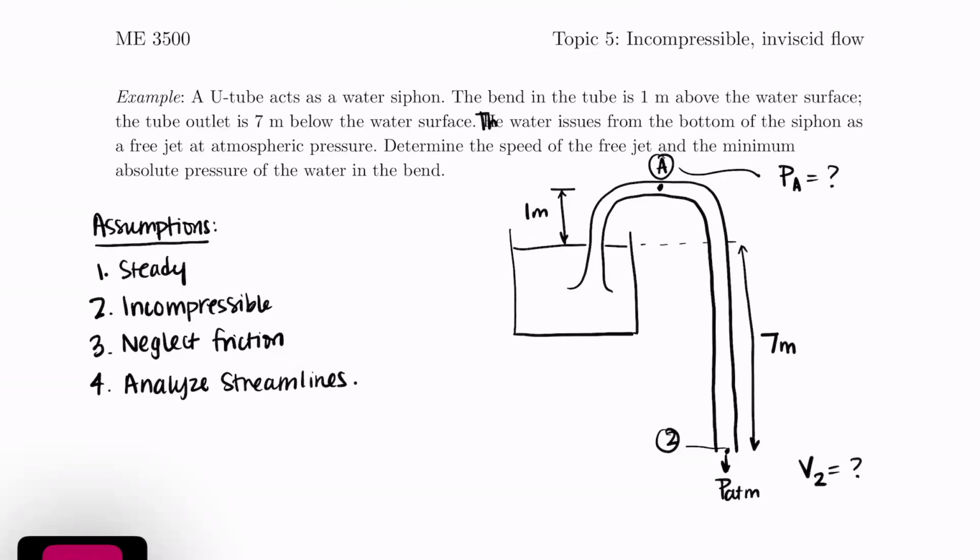Okay, so because we have made these 4 assumptions, which are all reasonable for this problem, that means that the Bernoulli equation is okay. Okay.